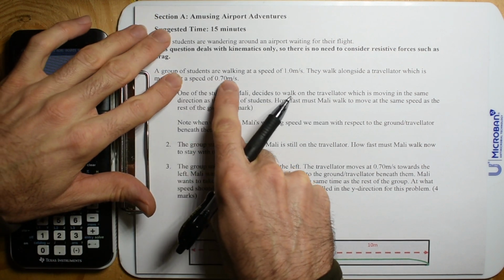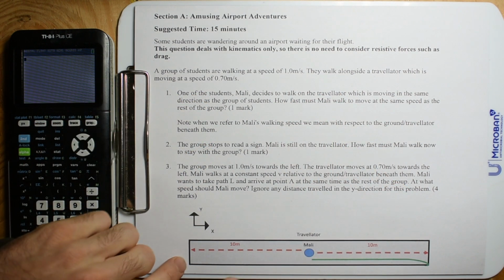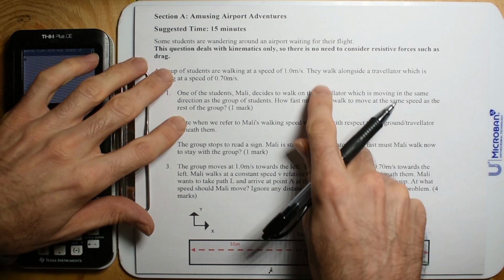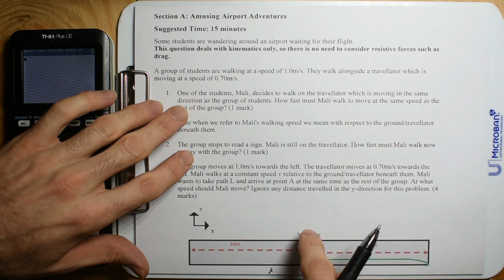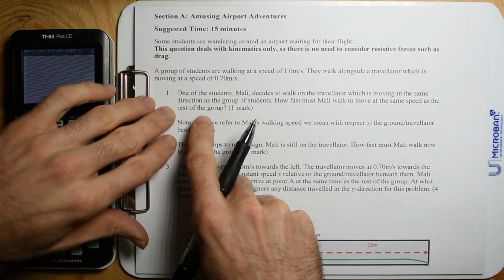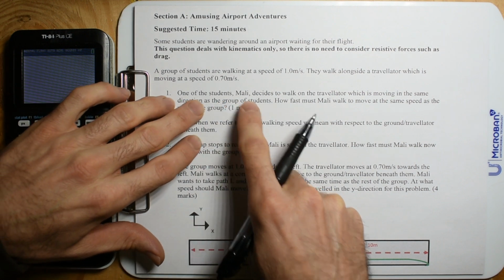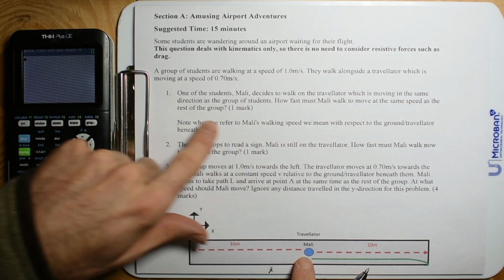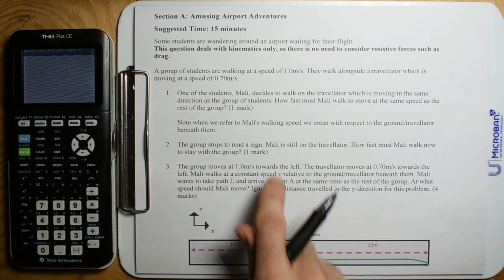So a group of students are walking at a speed of 1 meter per second. And they're going to walk alongside the travelator, next to Malachi. And the travelator is moving at a speed of 0.7. So question 1 says, one of the students, so this, Malachi, is going to walk along the travelator in the same direction as the group.